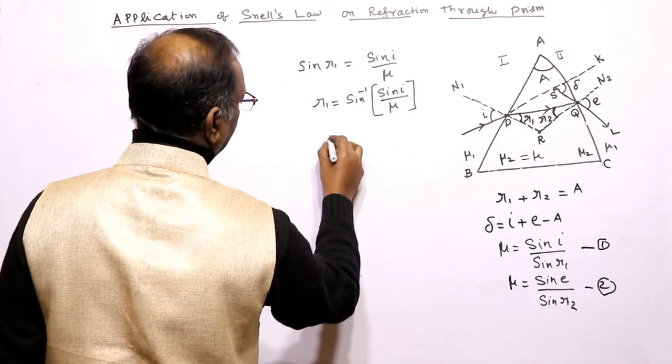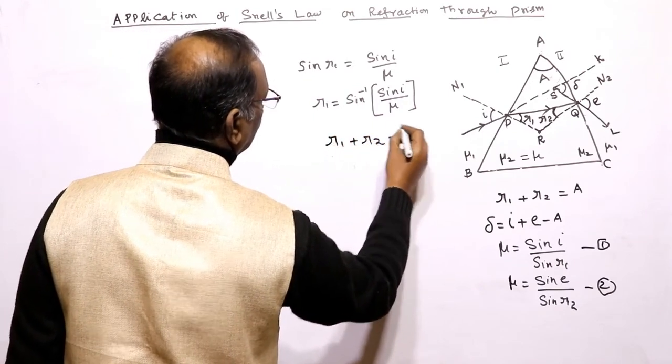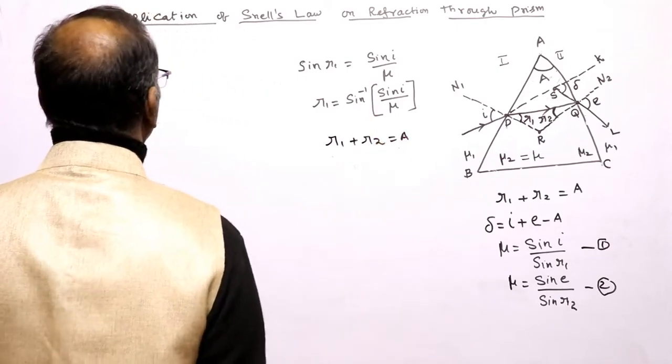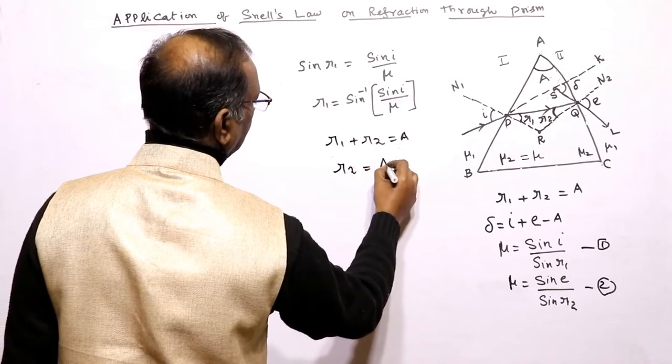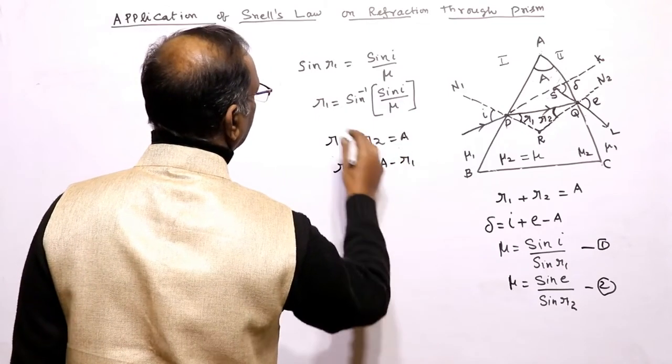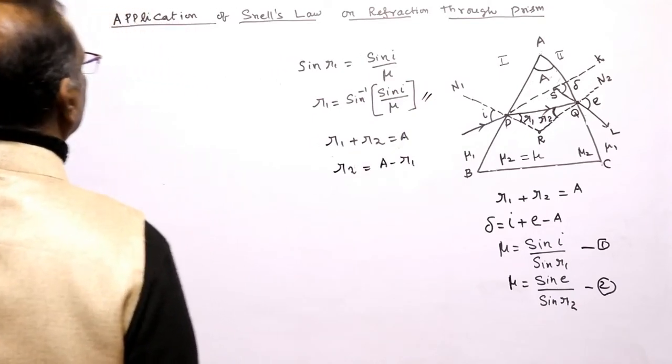Also, we have the relation R1 plus R2 is equal to A. R2 is equal to A minus R1, where R1 is the relation of R1 obtained above.